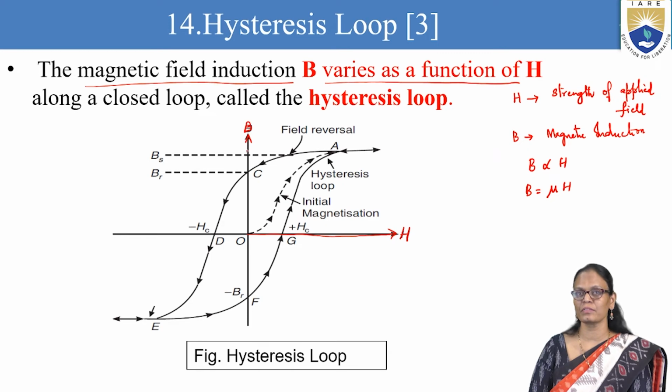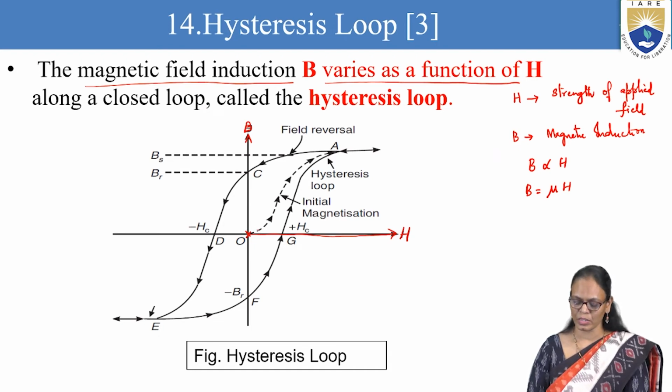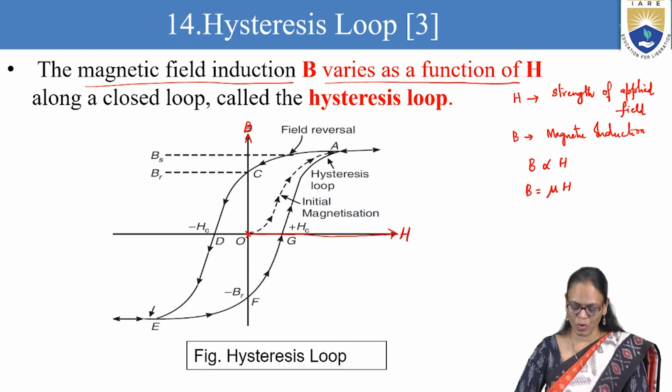We take an unmagnetized specimen and start from the origin, at 0. We place it in a magnetic field. Slowly, magnetism gets induced inside the material, which means as the value of H increases, the value of B also increases.